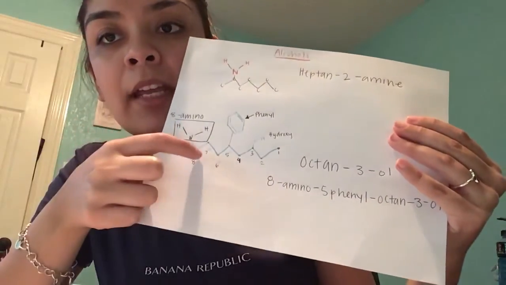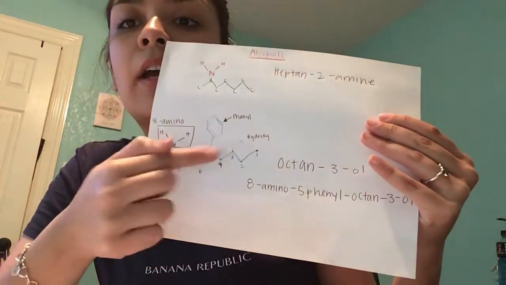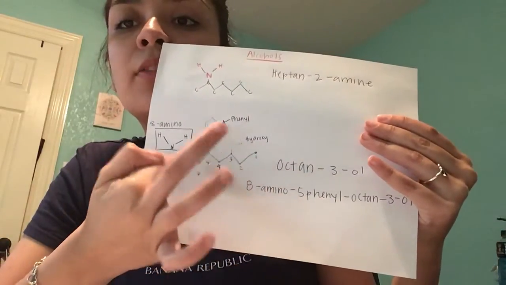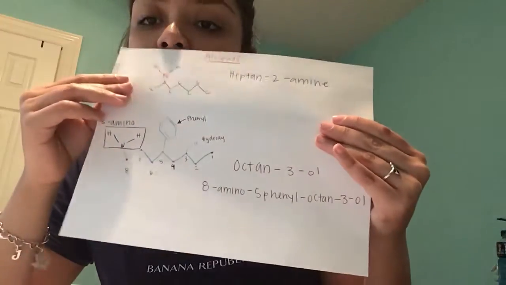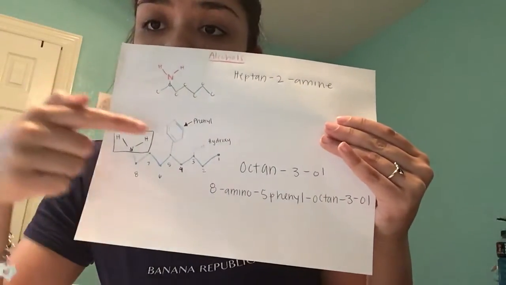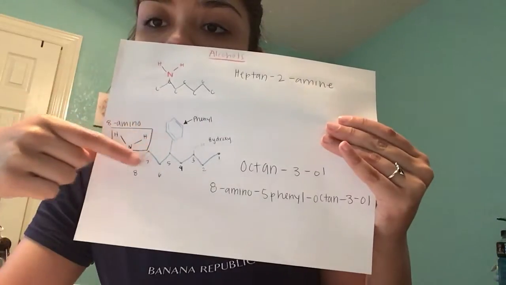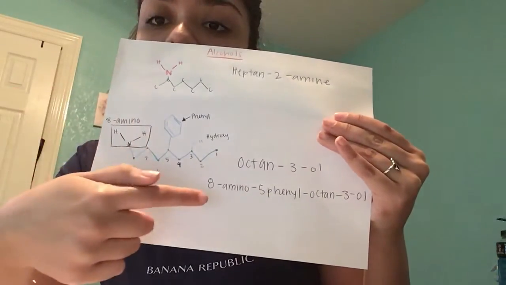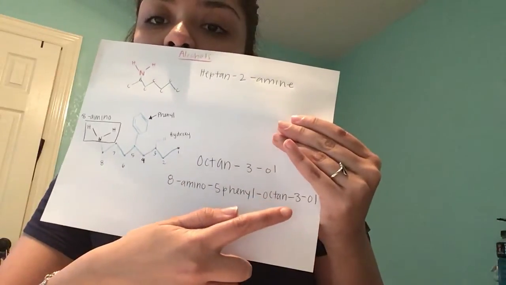We have 8 carbons, and we start counting them from this side towards that way. So we have an octa-3-ol, and then there is a phenyl and an 8-amino right here, which makes it an 8-amino-5-phenyl-octa-3-ol.